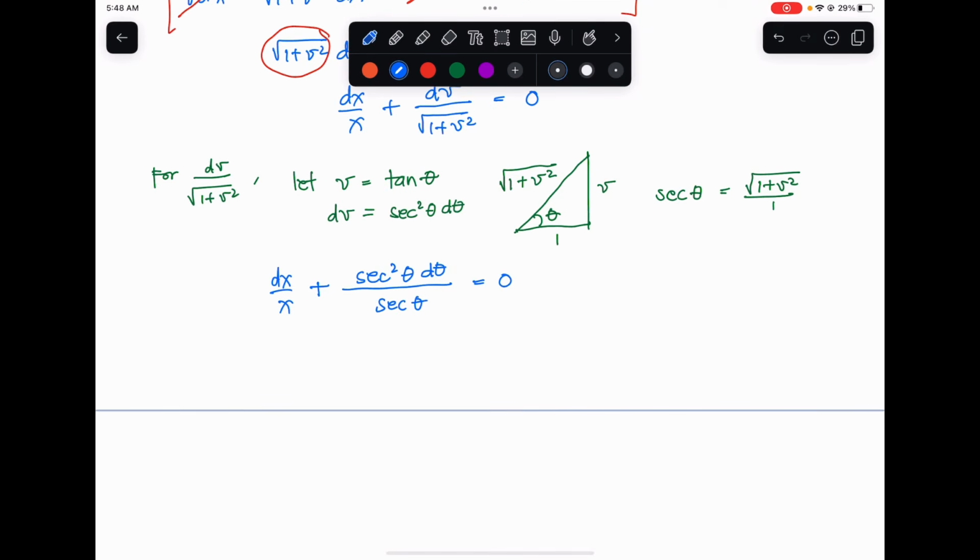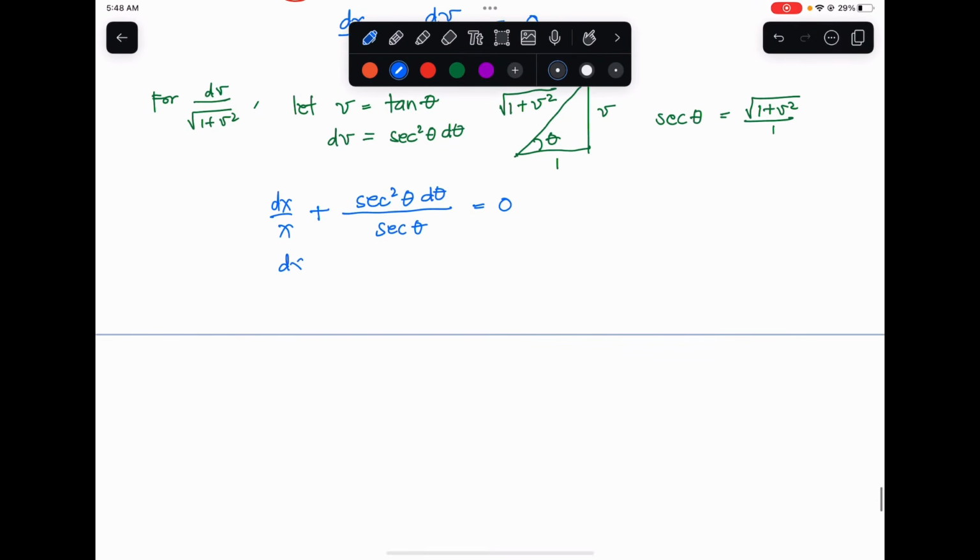Then it's equal to 0. So this is the same as dx over x plus secant theta d theta is equal to 0.